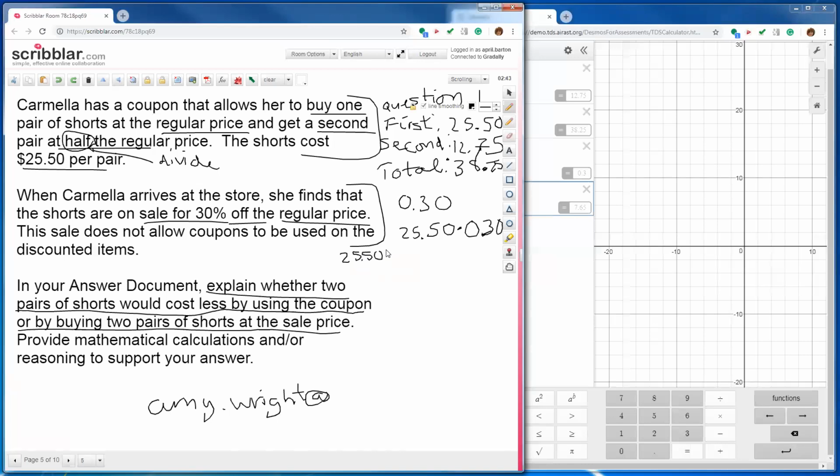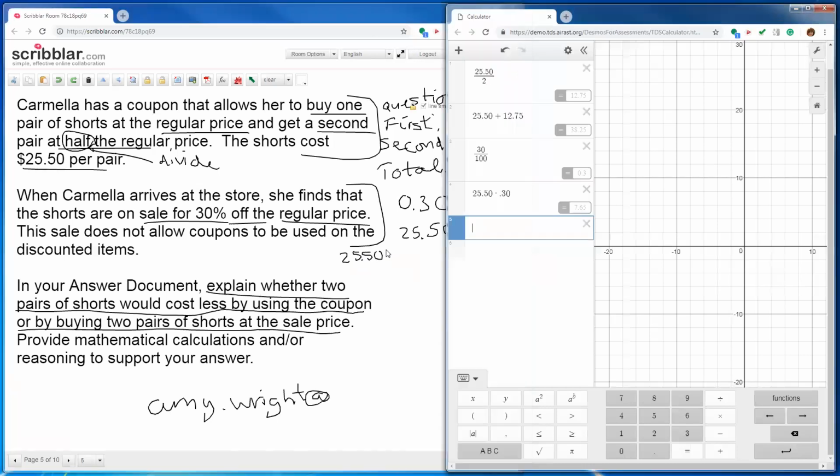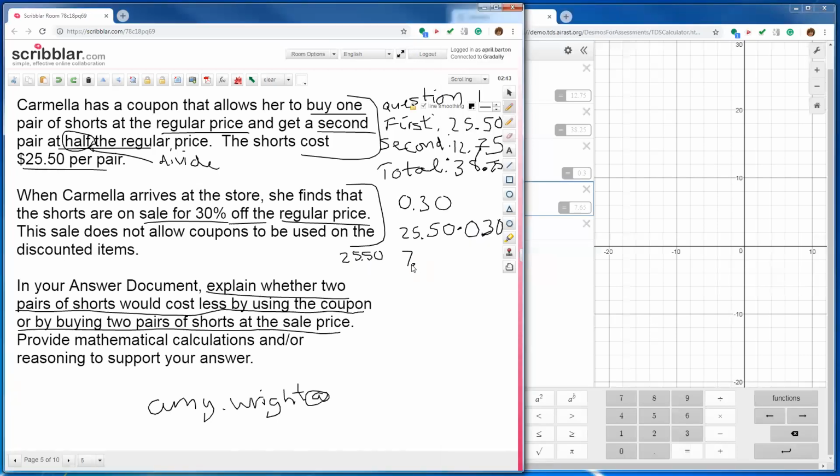You think multiply it, you said? I think so. The 25.50 times 0.30. So we do that step. 25.50 times 0.30, which is here on the calculator, and that gives us 7.65. But what do we do with the 25.50 and the 7.65? Subtract them.